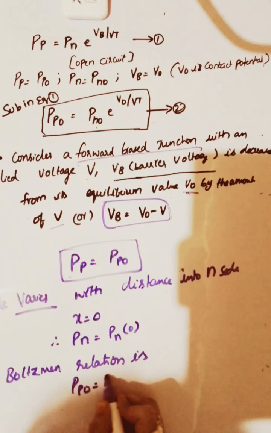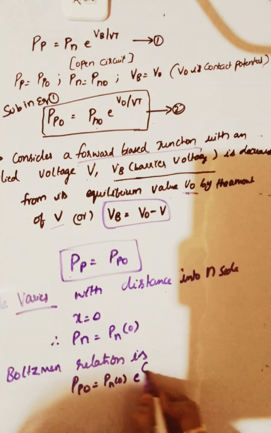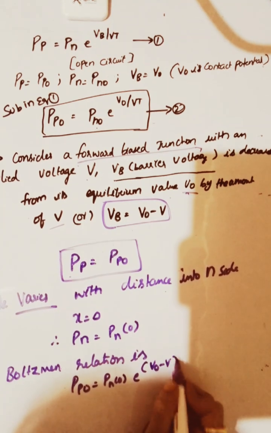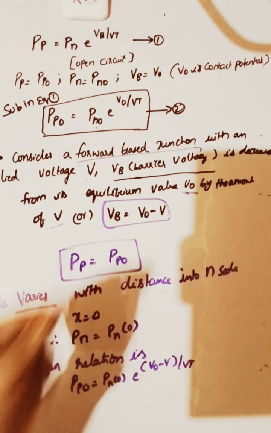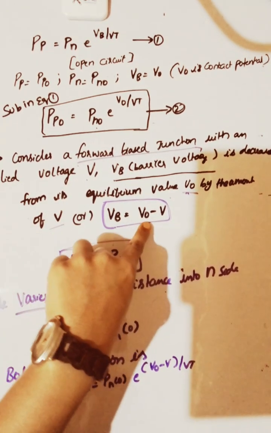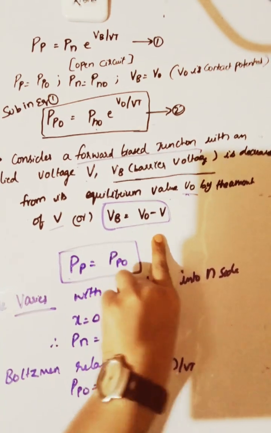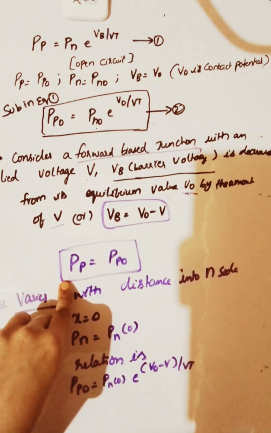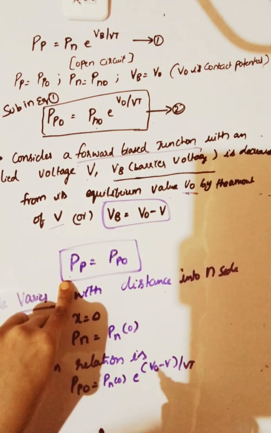P0 is equal to Pn(0) e to the power of (V0 minus V) by Vt. For which case? For a forward biased junction, here Vb is equal to V0 minus V, the equilibrium value V0 reduced by the amount of V. Here Pp is the hole concentration varying into the n side.